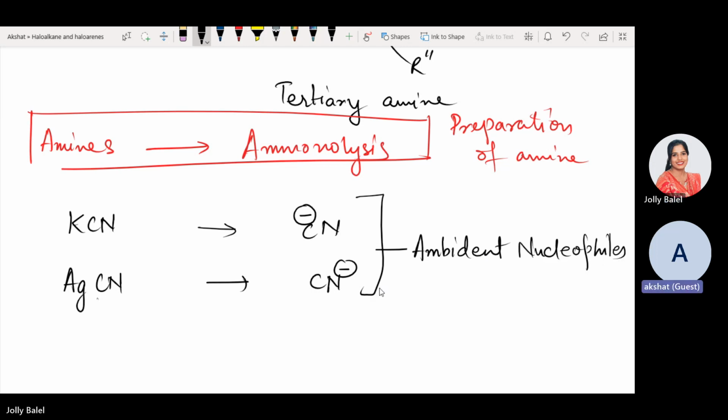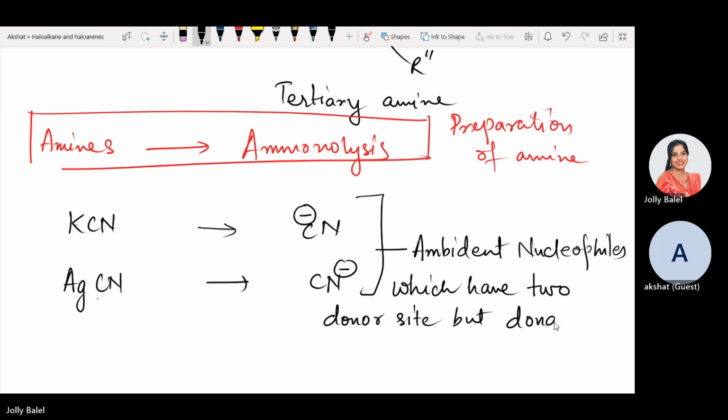Which have two donor sites, but donate from only one site at a time.